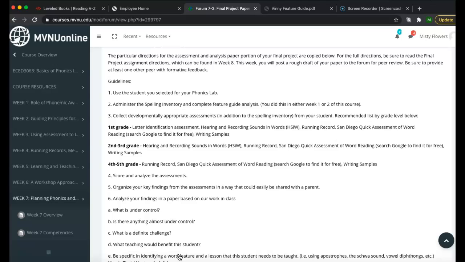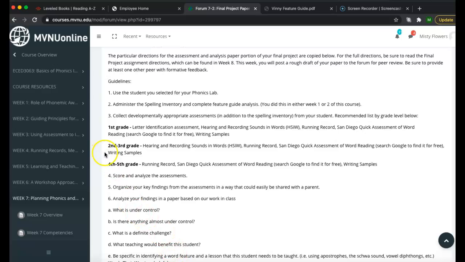These are the recommended assessments by grade level. First grade, you should have a letter ID assessment, hearing and recording sounds and words, at least one running record, the San Diego Quick Assessment of Word Reading, and writing samples.